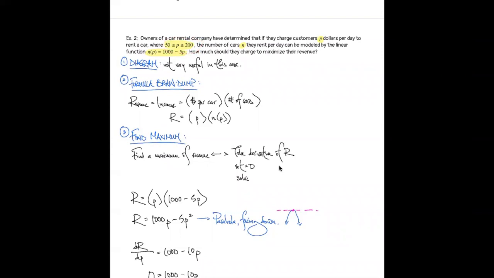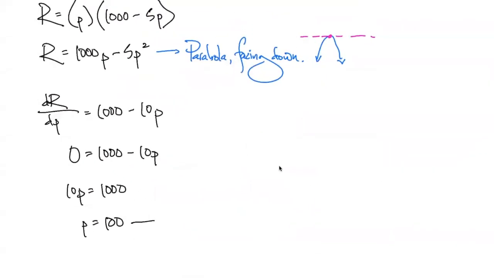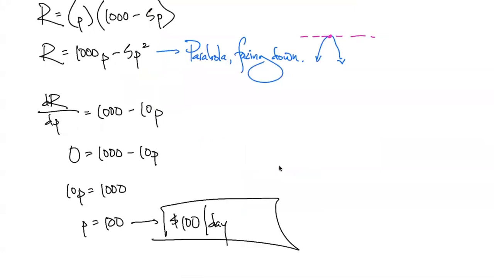It could be $50 for the Tesla that might blow up in your face, or $200 for some really ratty car that's definitely seen better days. But it's still going to be a price. And so what we want to say here is if they charge $100 per day for the rental car, they're going to make the most amount of money. Okay.